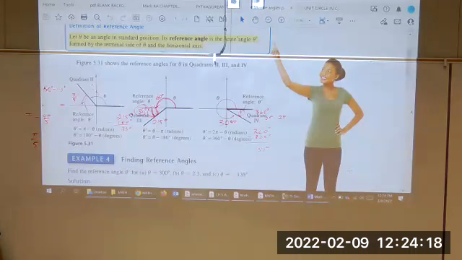In a book, if we had to do this the old way, they wouldn't have sine, cosine, or tangent for 309 degrees in the back of the book. You would only have 0 to 90, because you would need to know I'm in quadrant 4. The only one that's going to be positive is the cosine. So if I'm looking up sine, you put a negative in front of it. If I'm looking up tangent, you put a negative in front of it.